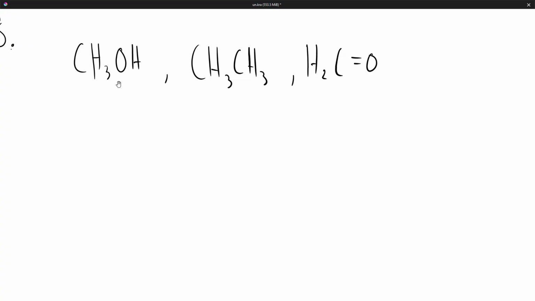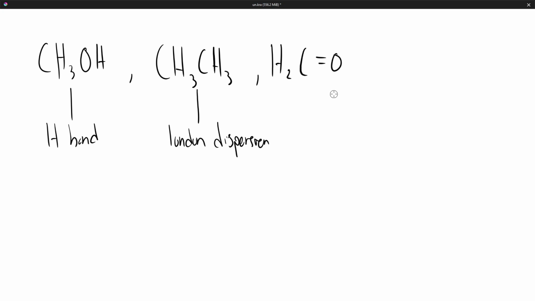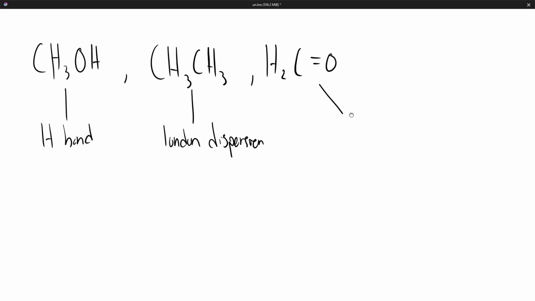In CH3OH, we have a hydrogen bond present. In CH3CH3, we only have London dispersion forces. And in H2CO, we have dipole-dipole forces.